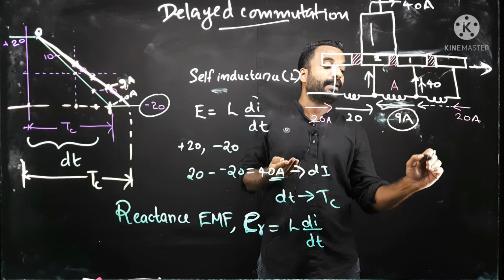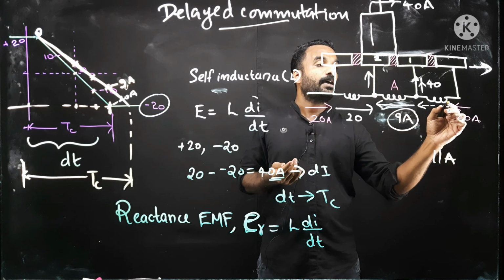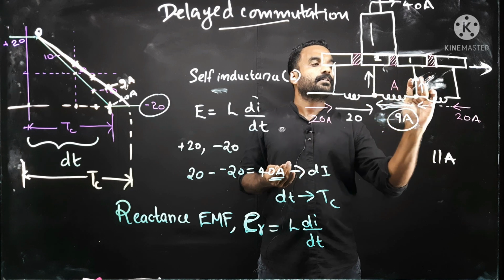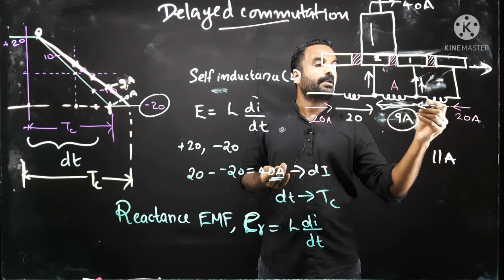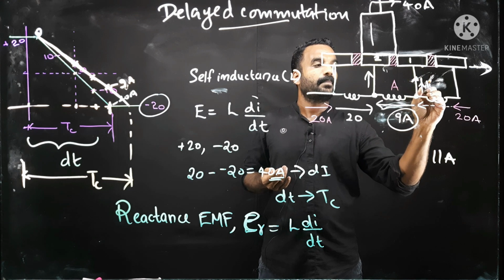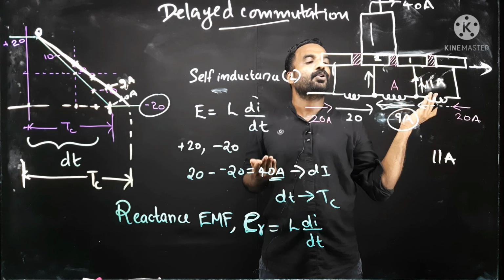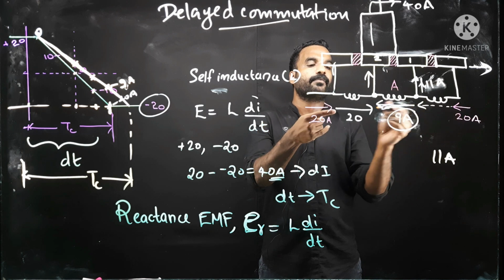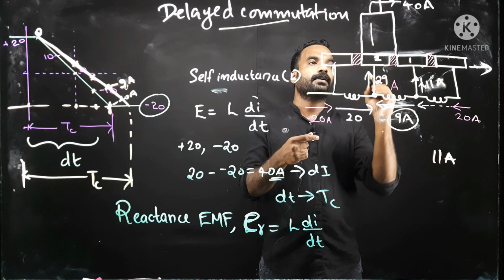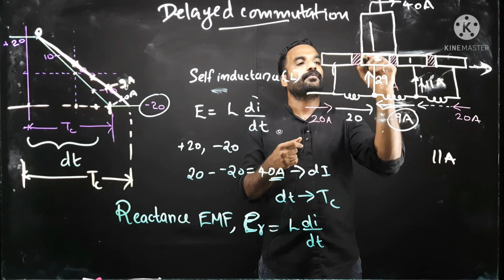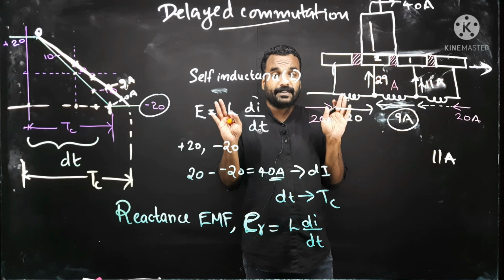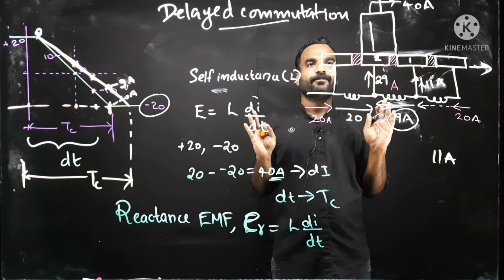Then what about the remaining 11 ampere? That 11 ampere will try to flow through this path. Is there any path? No. This 9 ampere will meet with this 20 ampere, so that this will be 29 ampere, and this 29 ampere will pass through the brush. But what about the remaining 11 ampere? Will it stand still?